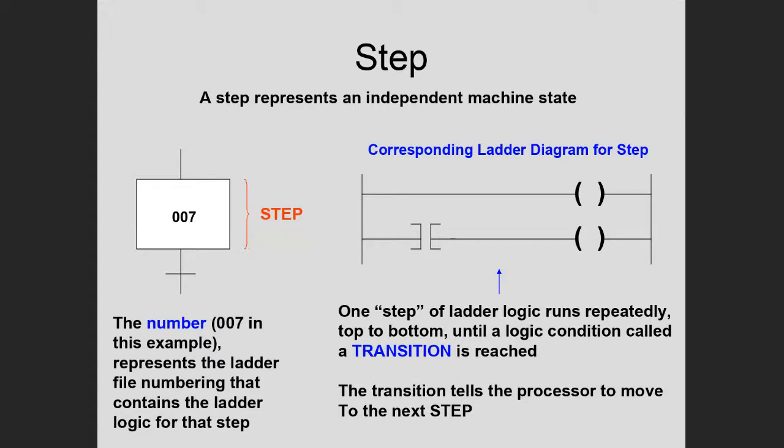You have to use them together. You can't have a step without a transition and vice versa. What you're looking at now is the symbol for both. This box is the symbol for the step, and this little line right here is the symbol for the transition.